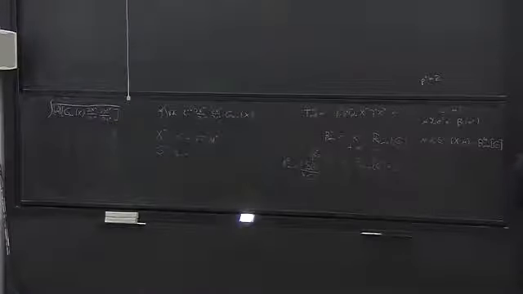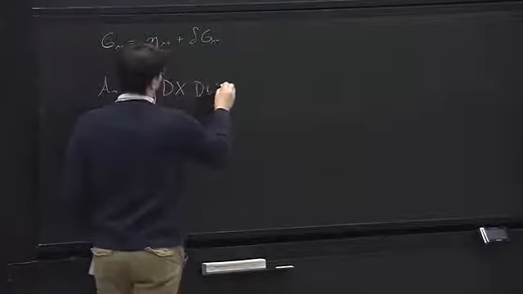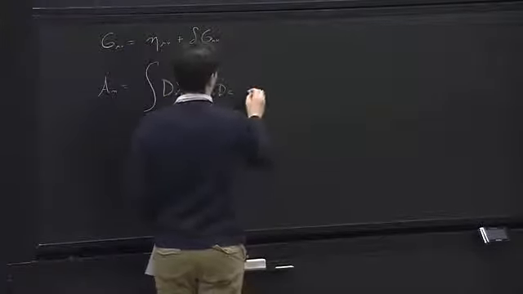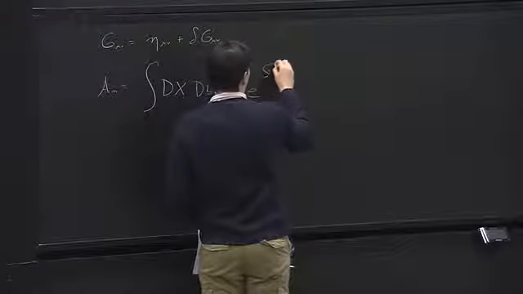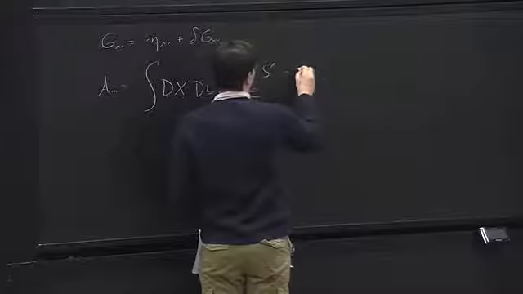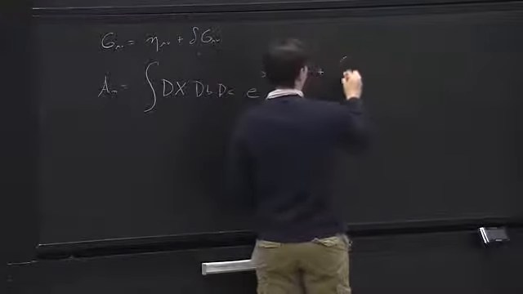So we have our path integral over x's, path integral over ghosts, and then we have the action. There is the standard action of the x's plus the standard action of the ghosts, plus the effect of the deformation.